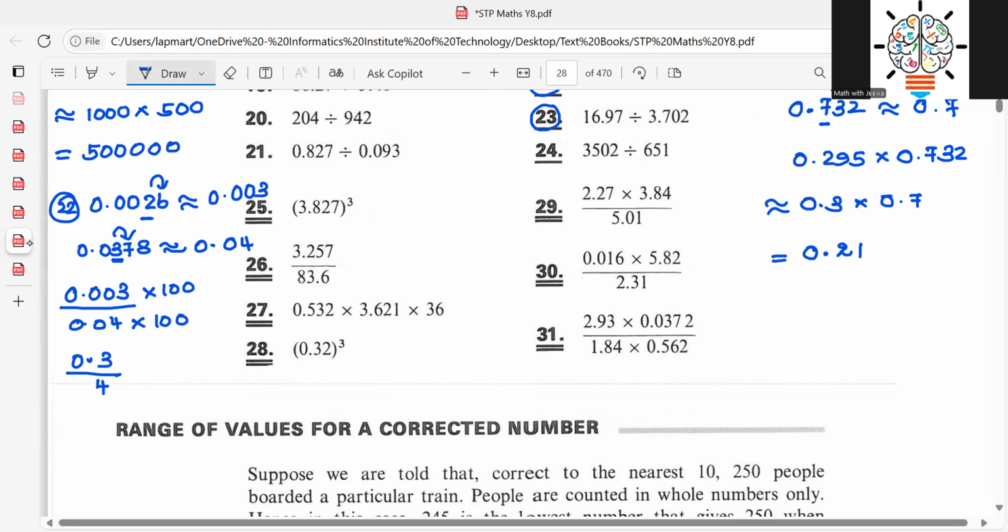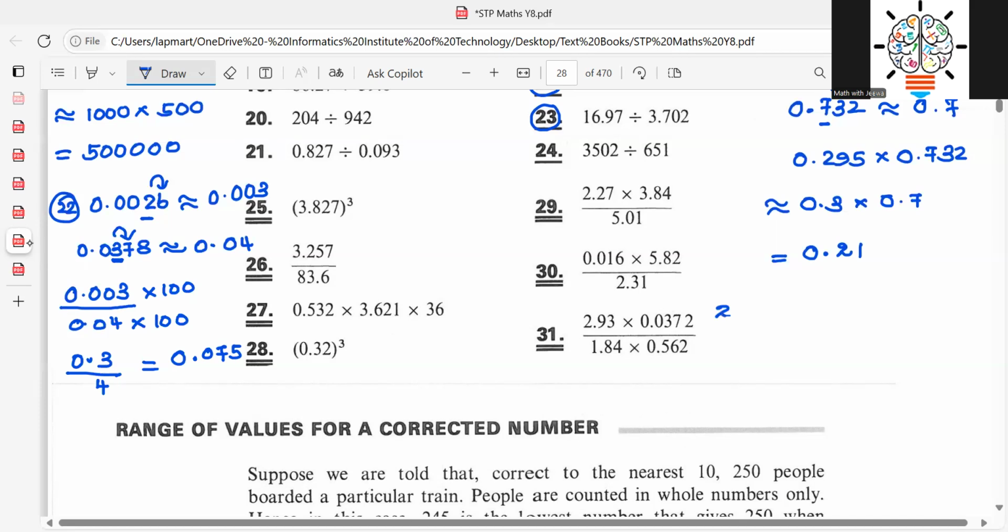When you divide 3 by 4, we know it is 0.75. But here we have an additional decimal place also. So then I write my answer 0.075. Now this one, I don't have a way to correct to third significant figure. By itself, we only have two significant figures. Therefore, you just keep it as it is.